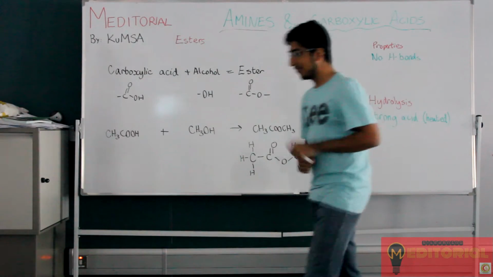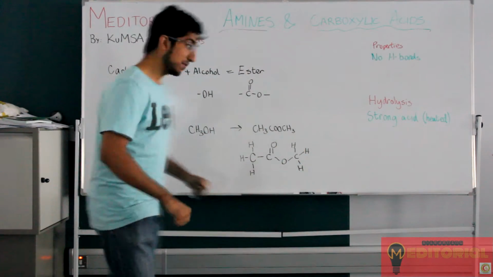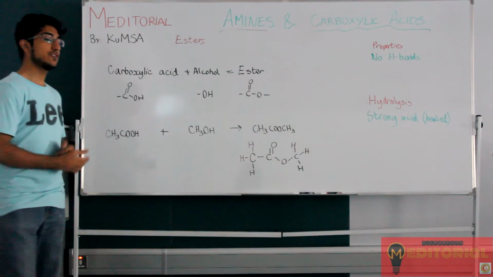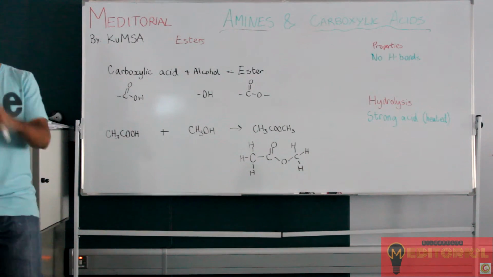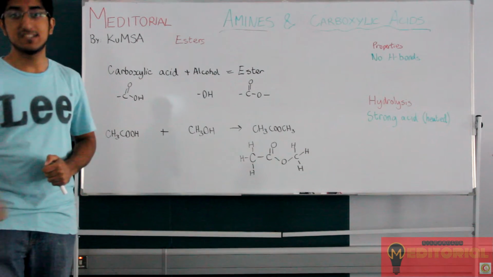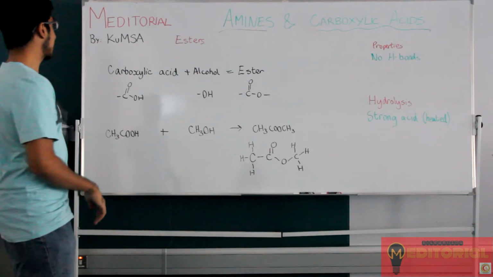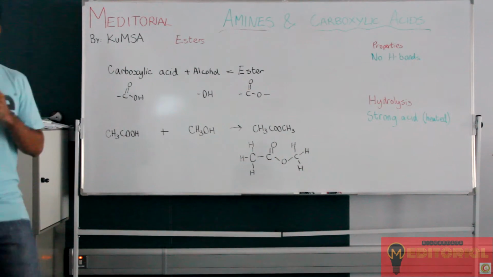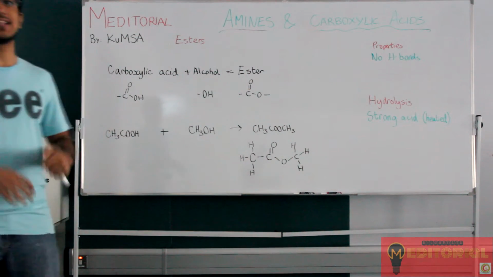Now we're going to be talking about esters. Esters are formed from carboxylic acids and alcohols. I know what you're thinking. You're saying that, hey, you told me that alcohols are neither acidic nor basic, so how are they reacting with a carboxylic acid? You're right. In this case, the carboxylic acid itself is not even acting like an acid.